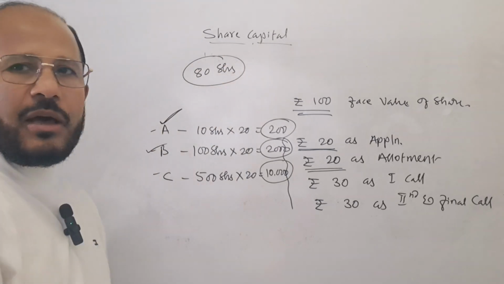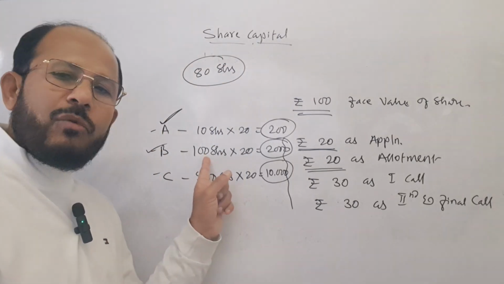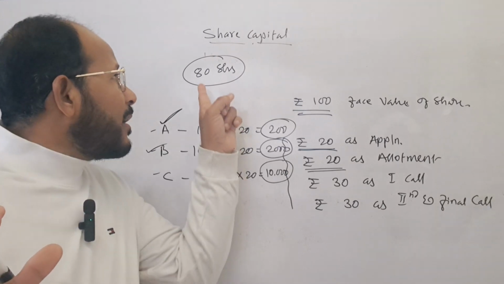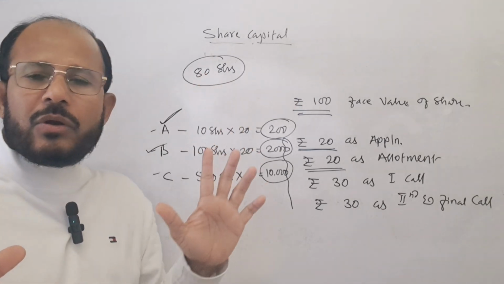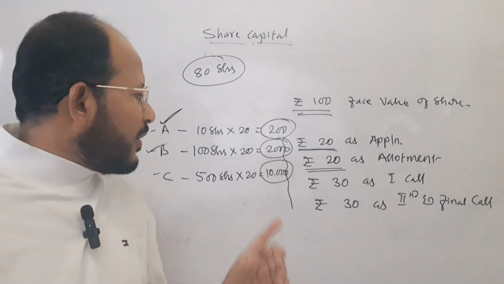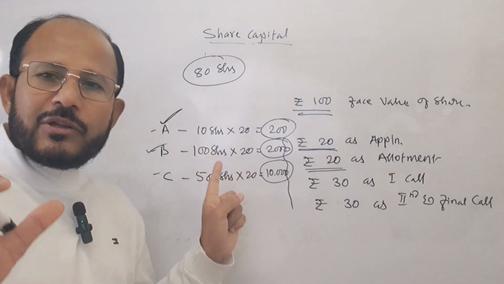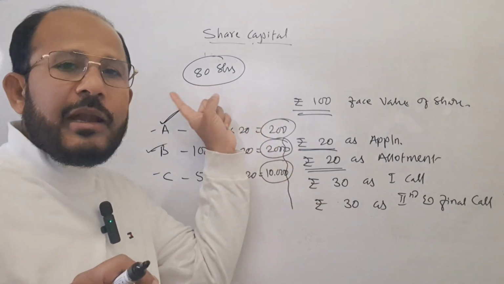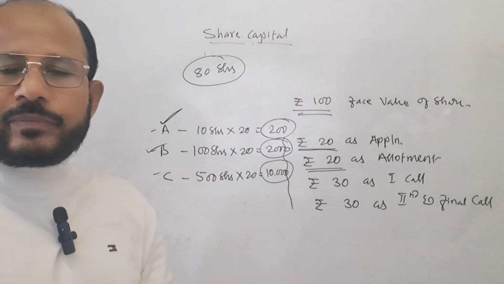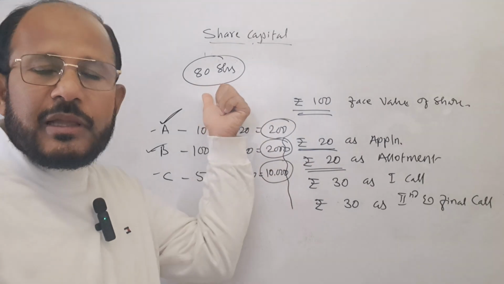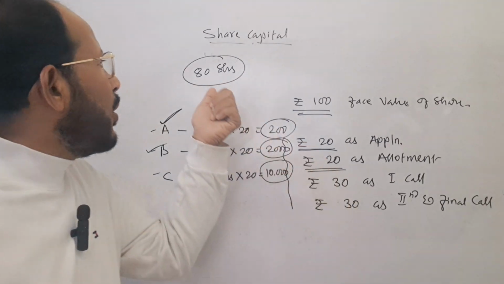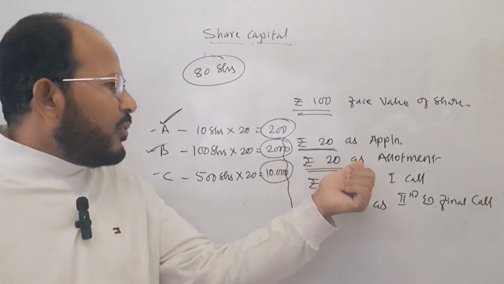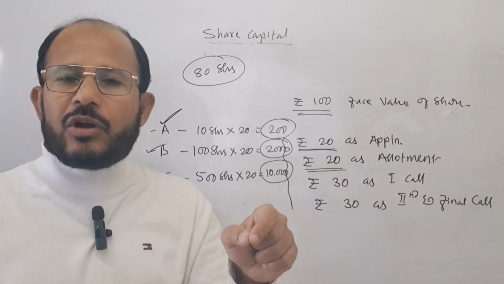Only 80 shares are allotted, but his demand was for 100 shares, but here the company directors decided to allot only 80 shares. Therefore, a letter of allotment will also be sent to Mr. B, stating that you have been allotted 80 shares. After receiving the letter of allotment, you have to send the amount of rupees 20 per share as allotment money.